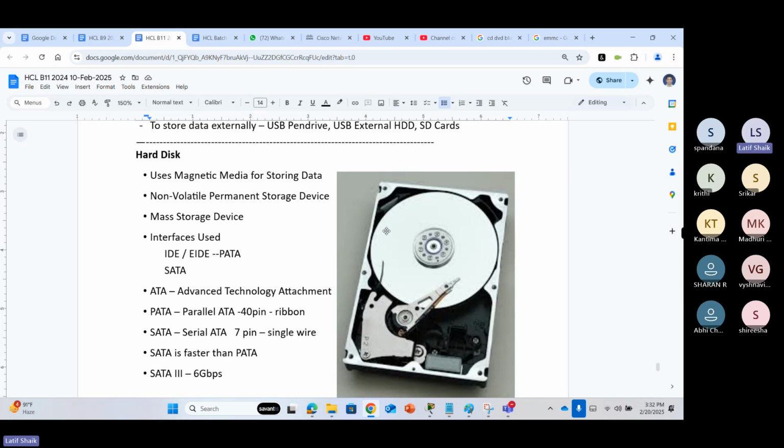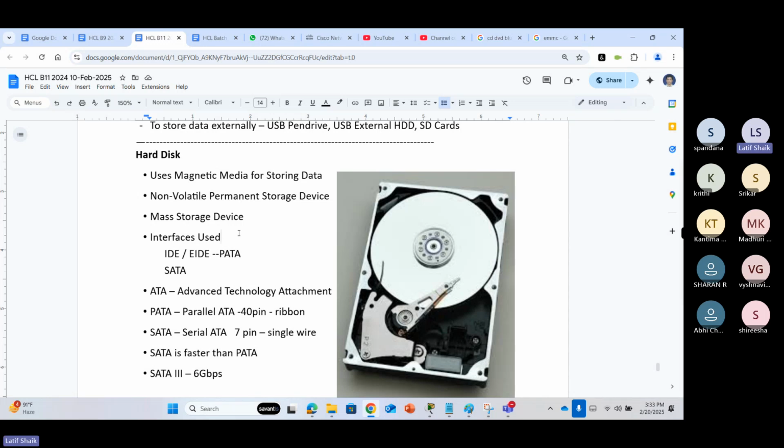The arm moves inside and outside like this, and it is attached to a permanent magnet, so with that it moves in and out. The tip has a read and write head, so it will read the data on the disk and write the data on the disk. These are the internal parts of a hard disk. A hard disk is also a non-volatile device. It is a mass storage device.